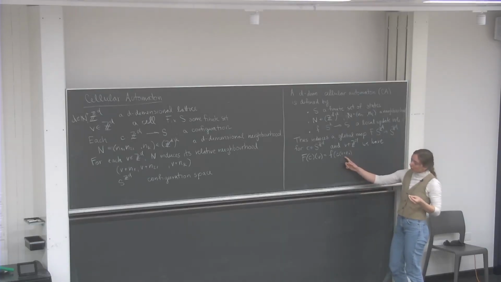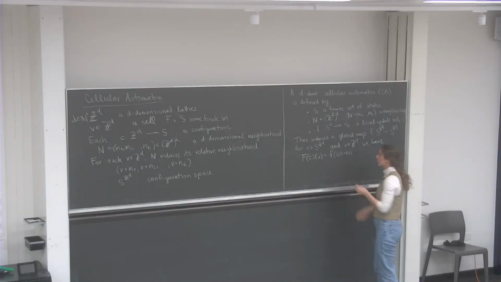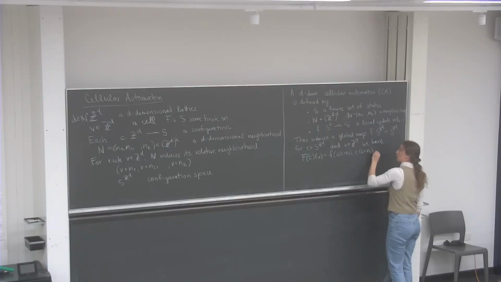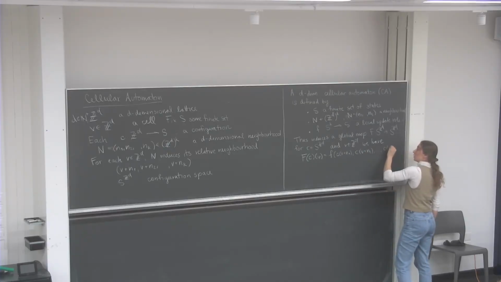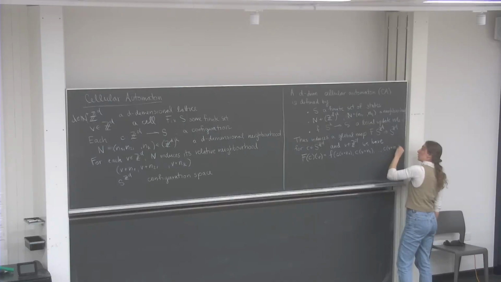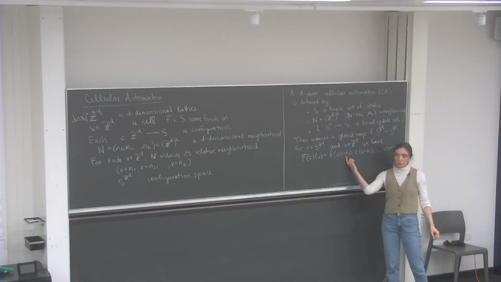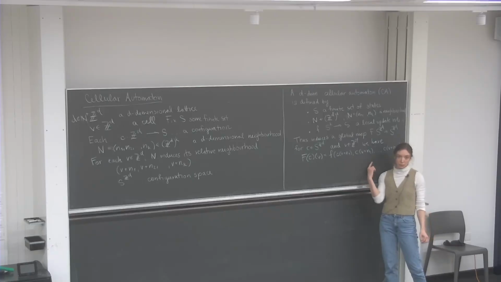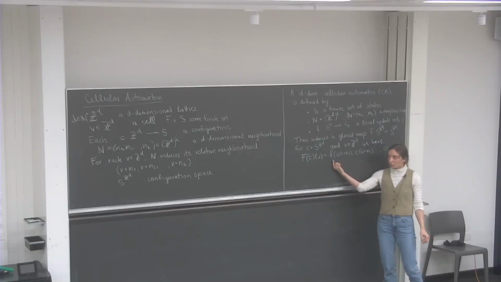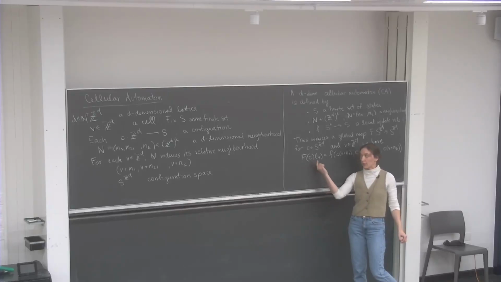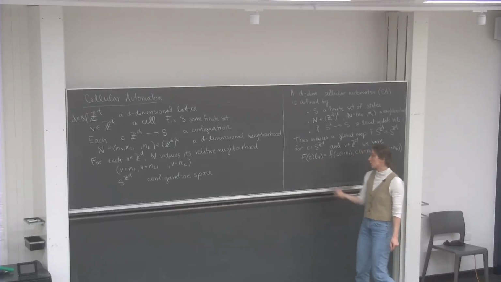Essentially, we look at the first neighbor of the cell V and at the second neighbor of the cell. So for each cell, we look into its relative neighborhood. We look at the ensemble of states there, and we use the local update rule to determine the next state of that cell at position V.